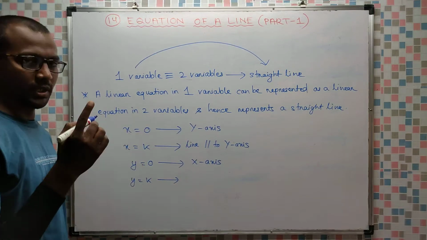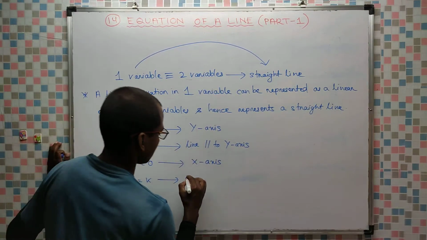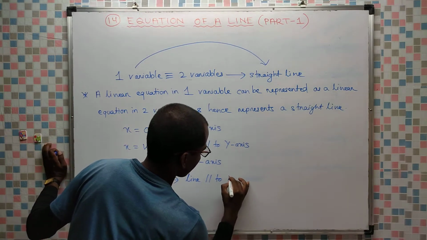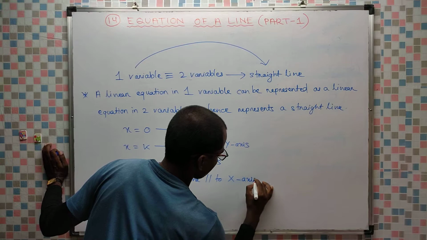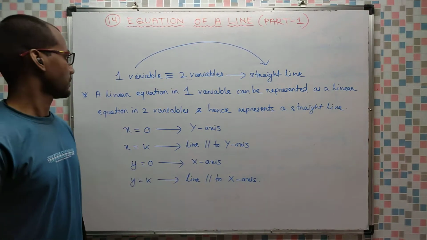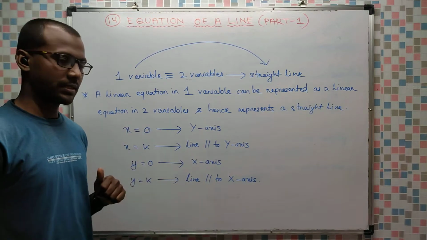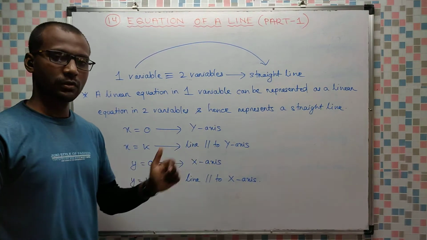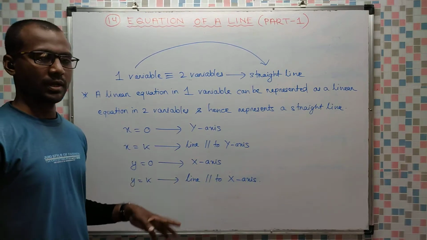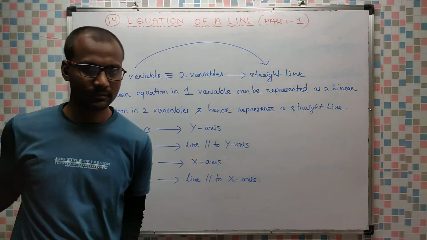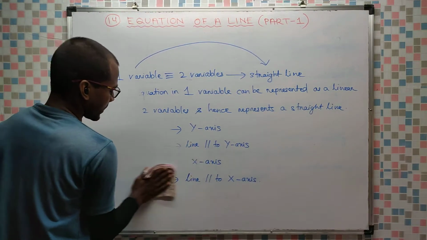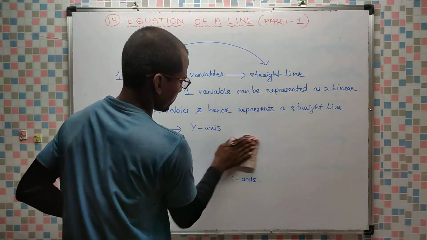It will represent a straight line parallel to the x-axis. So remember this: x equal to 0 means y-axis, x equal to constant means line parallel to y-axis, y equal to 0 means x-axis, y equal to constant means line parallel to x-axis. So this is it in part 1. I will solve a simple example from part 1.